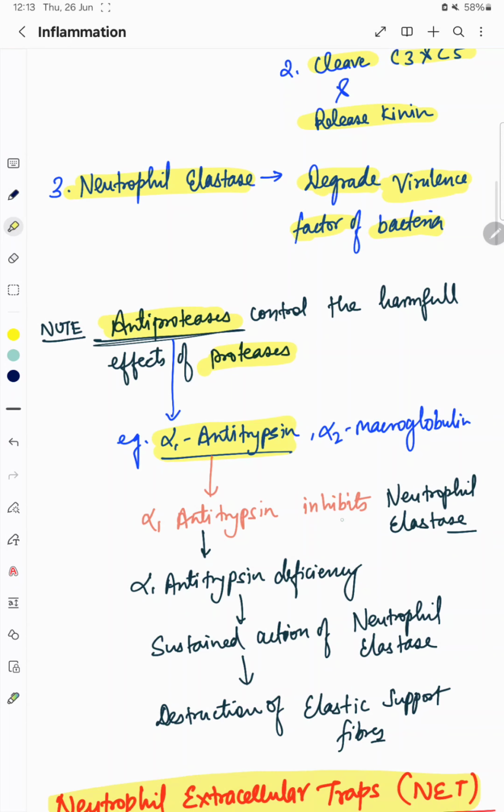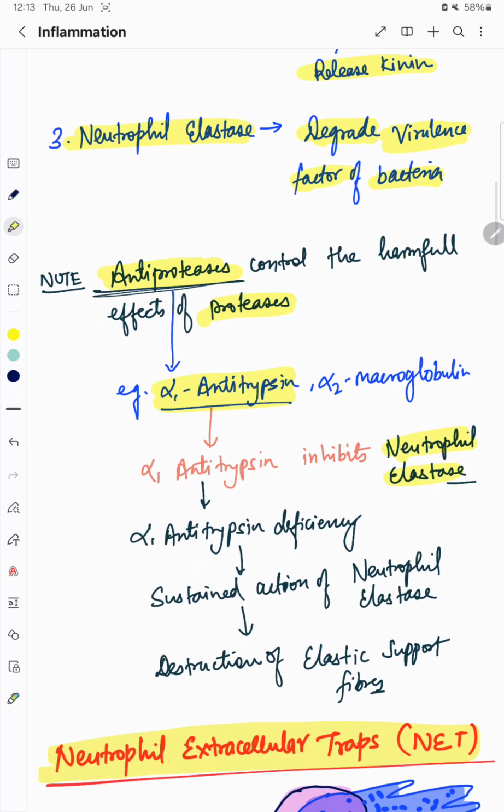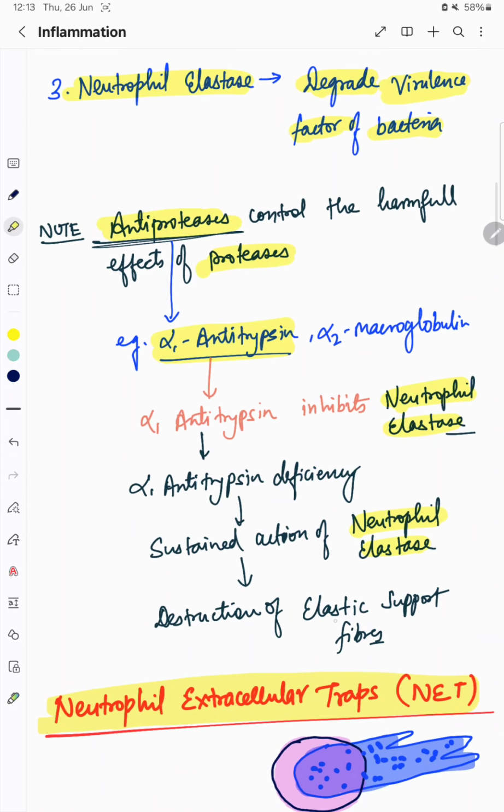Alpha-1 antitrypsin inhibits neutrophil elastase, and in case of alpha-1 antitrypsin deficiency, there is sustained action of neutrophil elastase, which results in the destruction of elastic fiber support, and this is seen in one of the very famous diseases, emphysema in the lung.